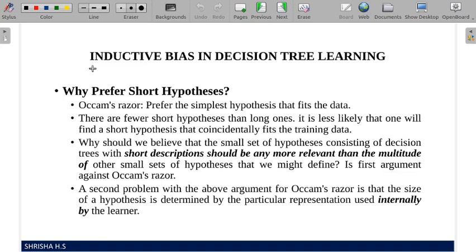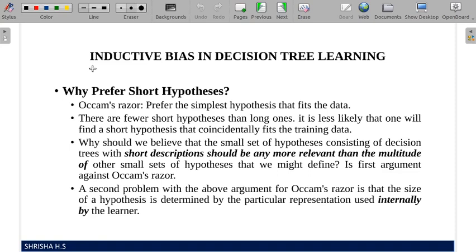That's what this point is telling: the size of the hypothesis is determined by the particular representation used internally by the learner. We may have different types of hypotheses. Can we say that the shorter tree which ID3 constructed is a bigger hypothesis and some tuple form is a smaller hypothesis?